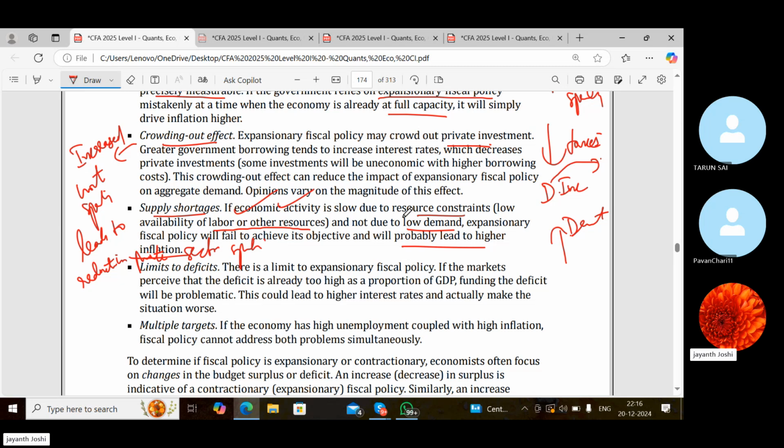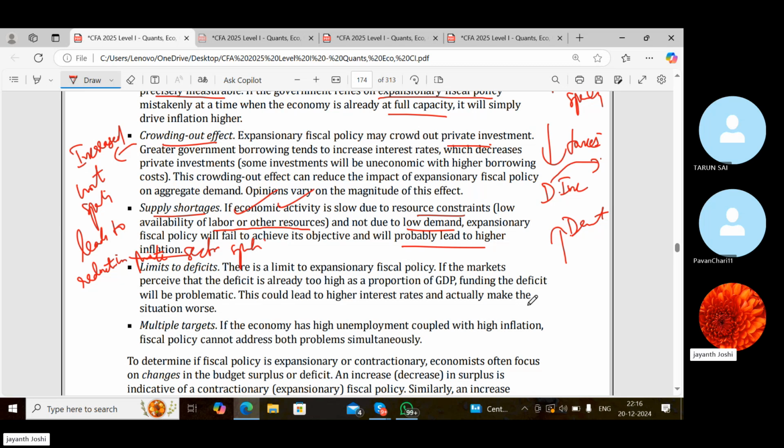Break in the sense the production will be slow. Because of the supply shortages, slowly and steadily things will become very costly because of fewer resources, less availability of raw material or labor, and the production will be less. At that point of time, expansionary policy will be of no use.